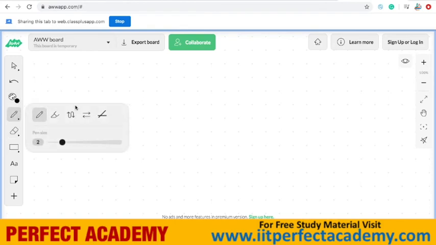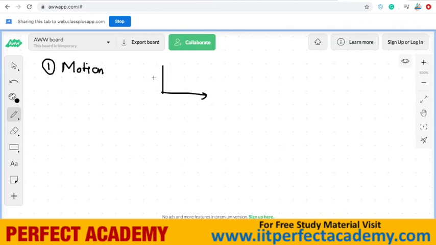So starting with definitions, what are the definitions we must know in this unit? The first definition we should know is motion. When we say a particle is moving, let us say this is x versus t.